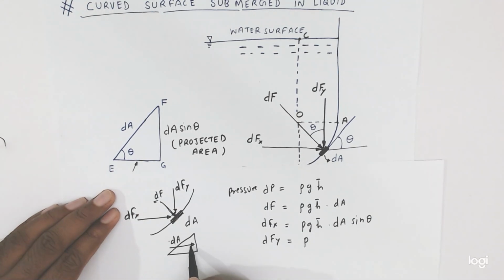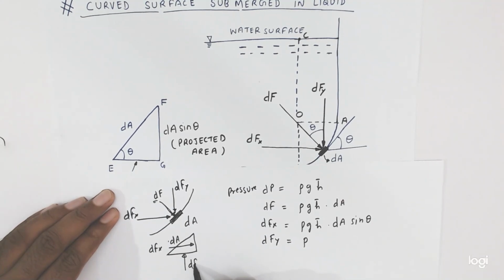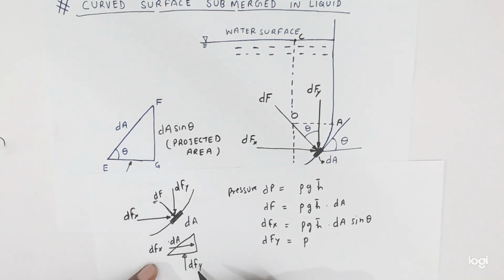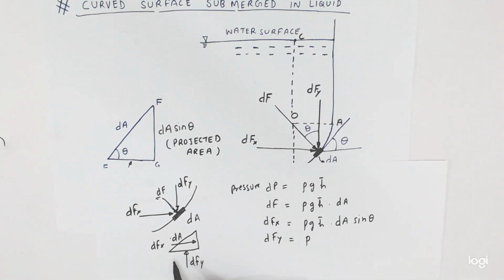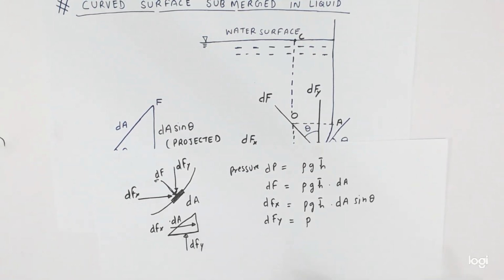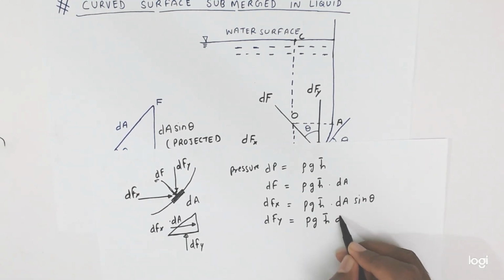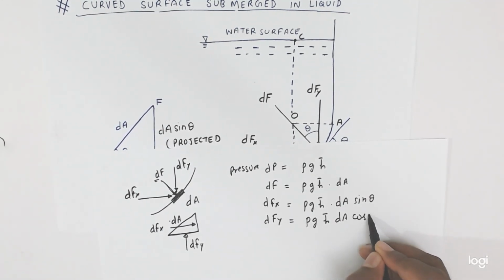So horizontal force dFx works on the vertical surface area, and dFy works on the horizontal surface area. Okay, friends, so rho g h bar dA cos theta is the vertical force.